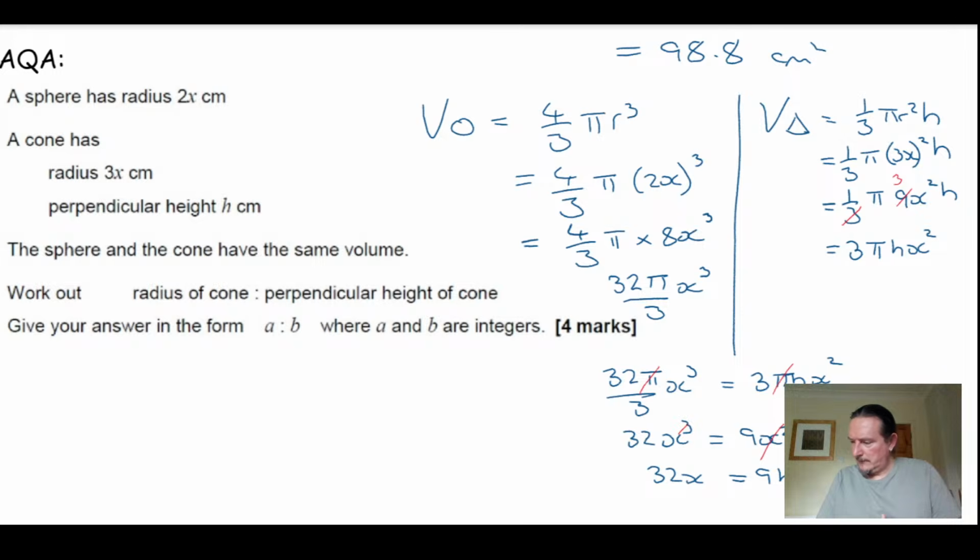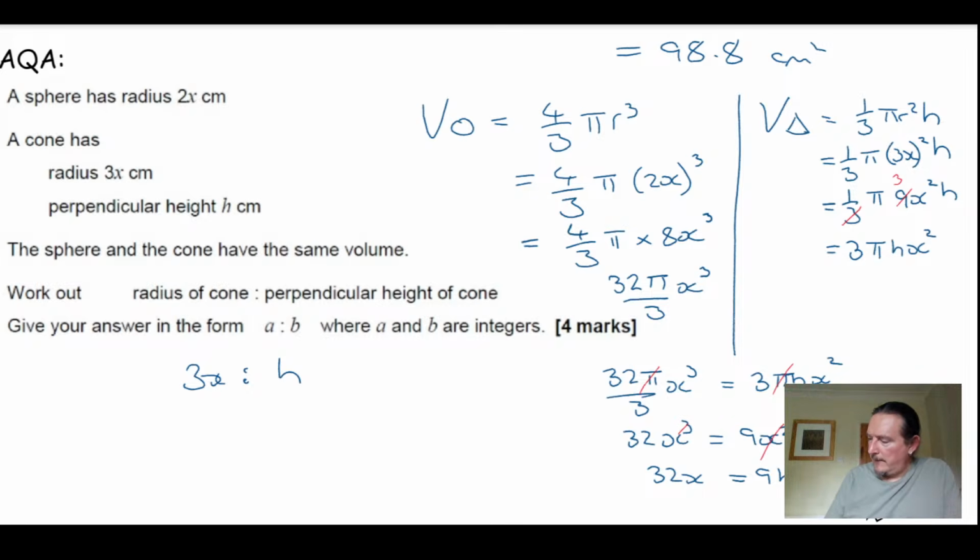So the radius is 3x. I suppose I could say that x is 9h over 32, if I rearrange it like that. Then I know that the radius is 3x and the perpendicular height is h. So the ratio of the radius of the cone to the perpendicular height of the cone is 3x to h.